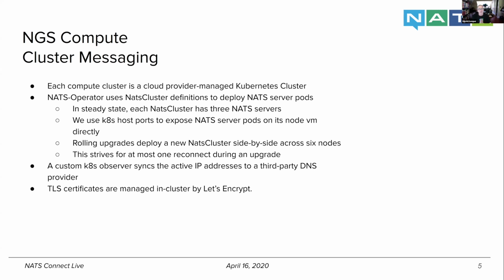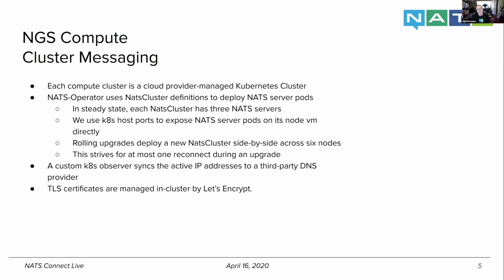And then additionally, we have TLS certificates that are managed in cluster by Let's Encrypt. So once again, we take the standard Let's Encrypt with the plugin for our third-party provider. We wrap that with a little bit of our own component.